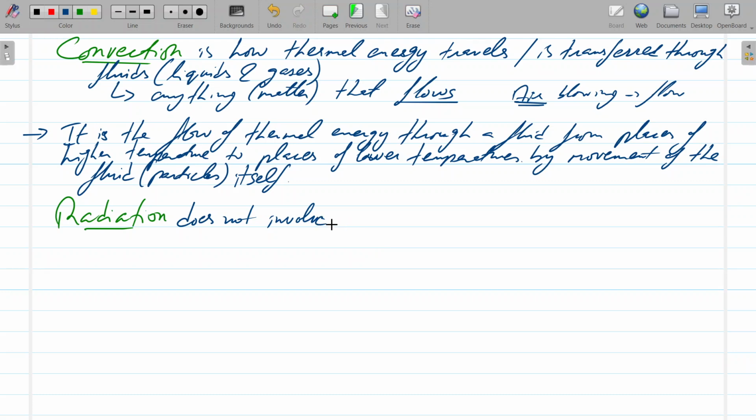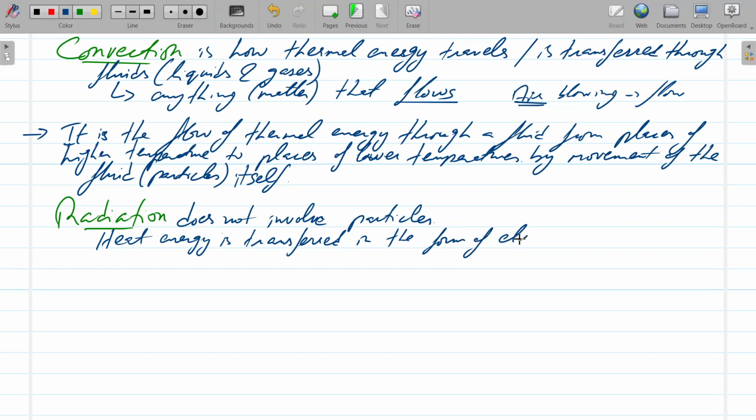It does not involve particles. The heat energy is transferred in the form of electromagnetic waves.